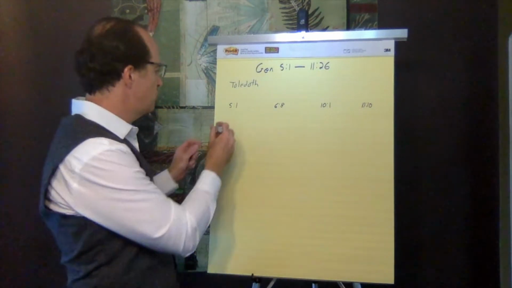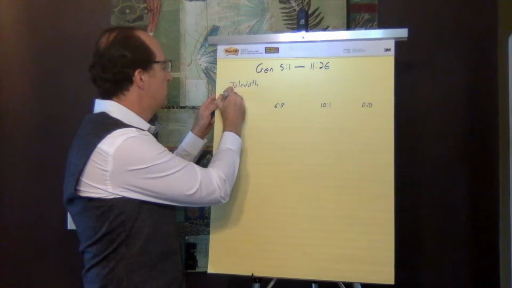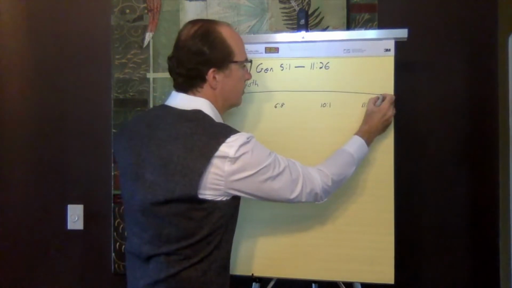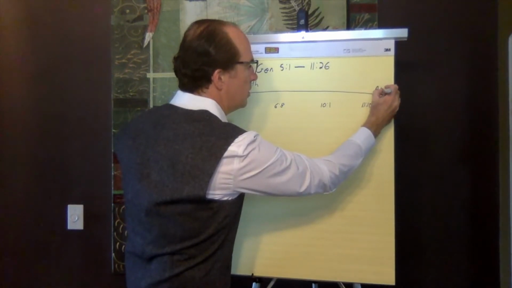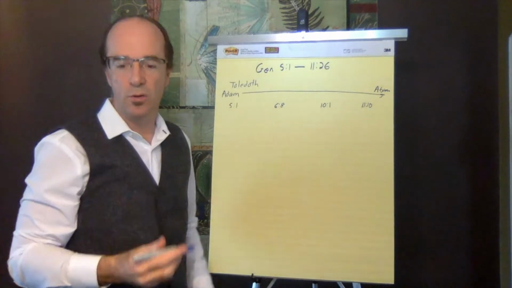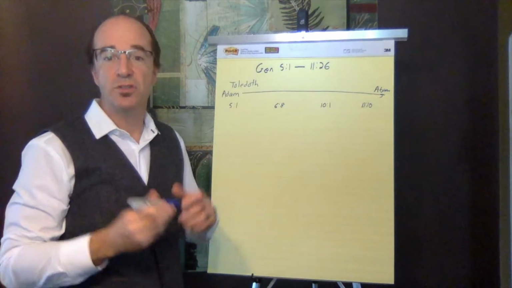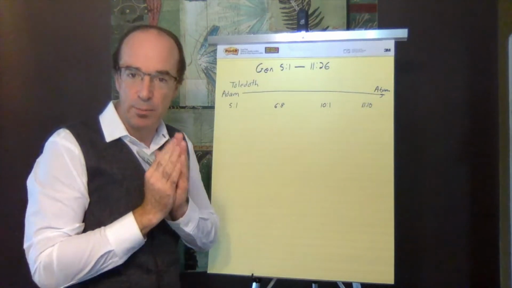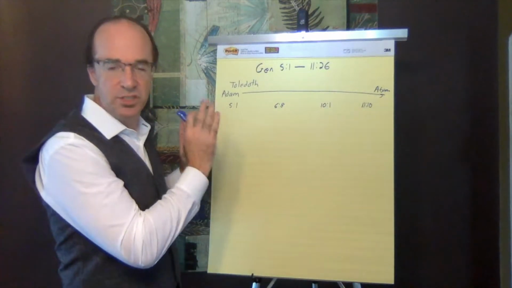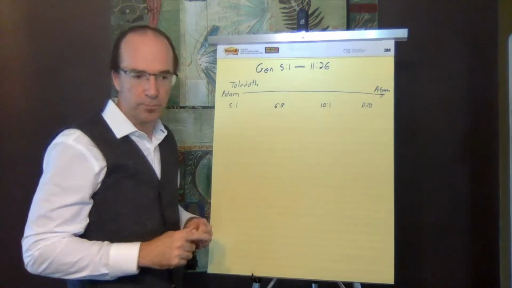So notice that essentially this moves from Adam to Abram. The next toledoth is going to be the generations of Terah, the father of Abram, and that's going to capture all of the Abram materials. So this is a significant block of material.